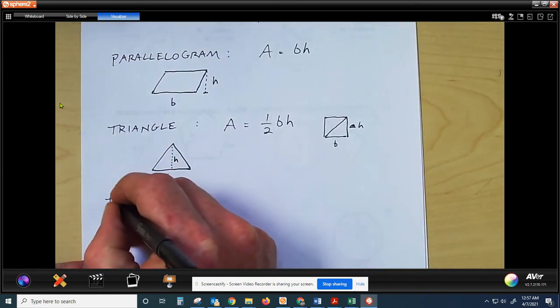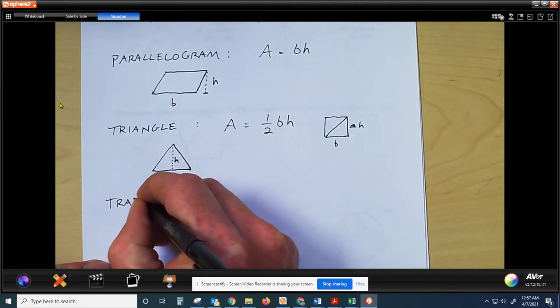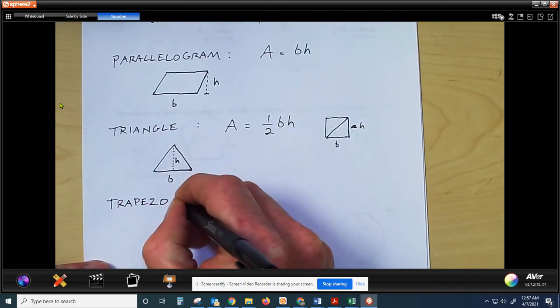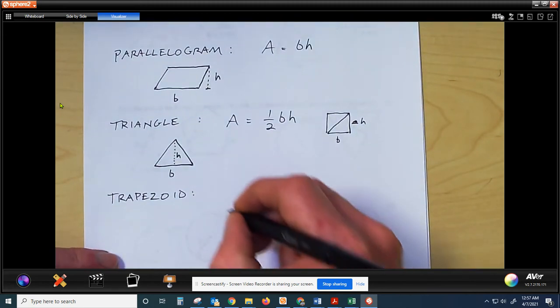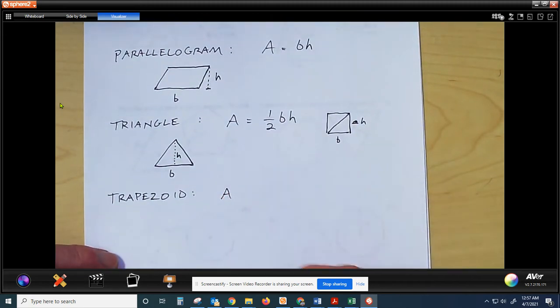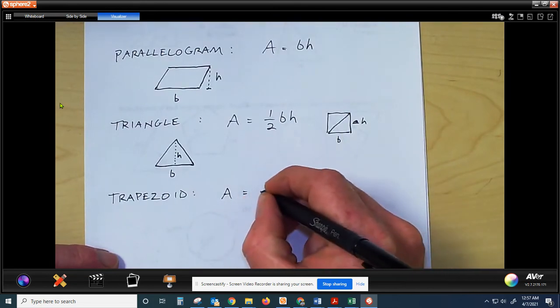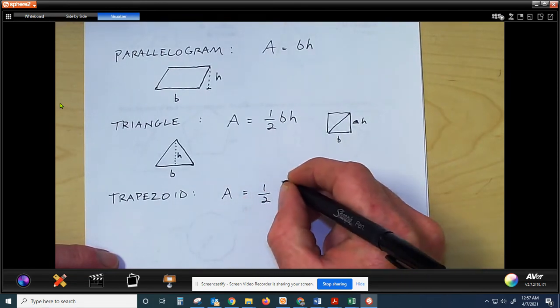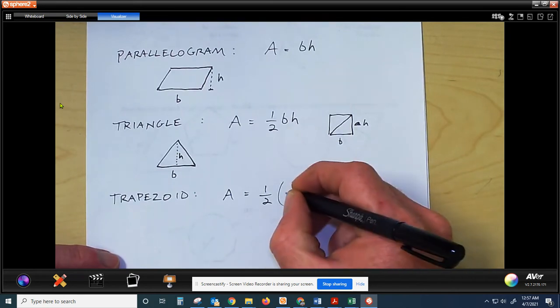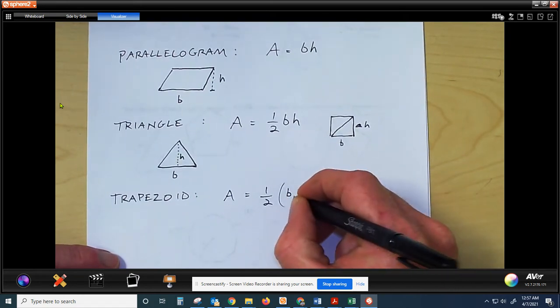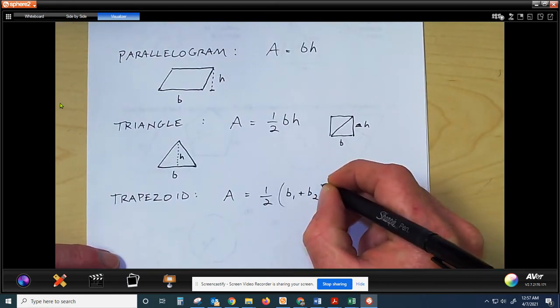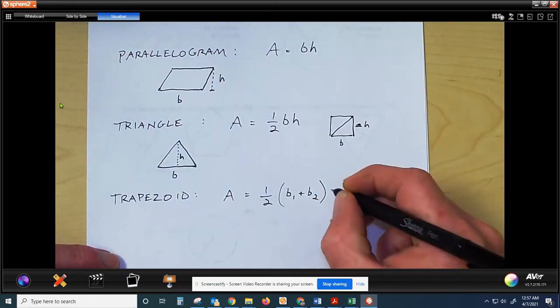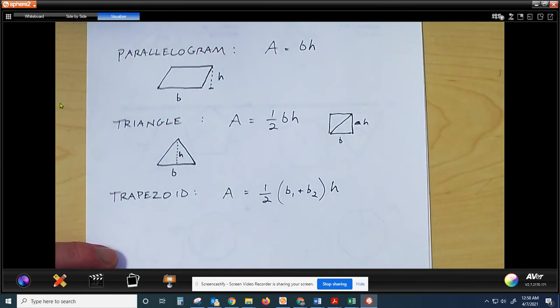Trapezoid. Okay, this one comes with a couple more letters here. The area of a trapezoid is 1/2 multiplied by the combination of two bases, two base lengths added together, and then multiplied times the height.